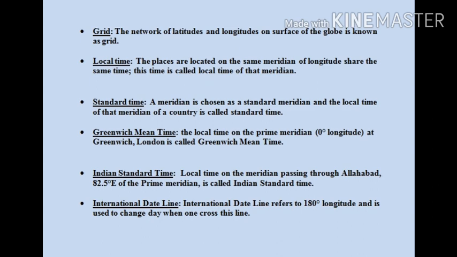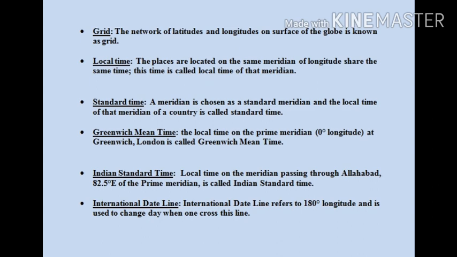So a particular meridian is selected for the whole country, and the local time of that particular meridian is known as standard time. Then we learn about Greenwich Mean Time. So the local time of 0 degree longitude which passes through Greenwich is called Greenwich Mean Time, and the whole world follows Greenwich Mean Time.